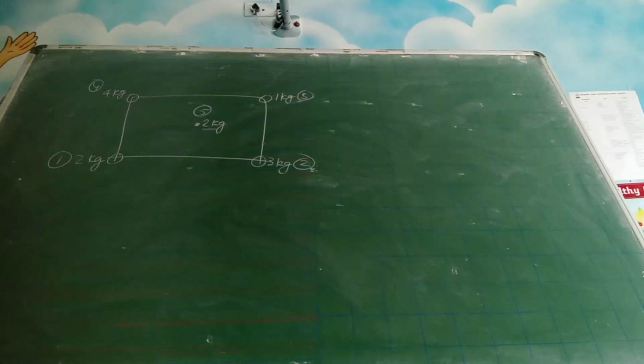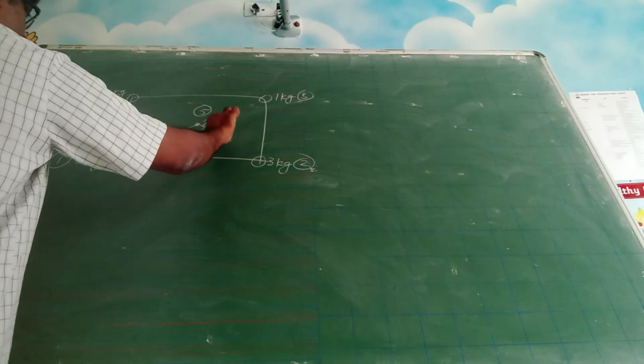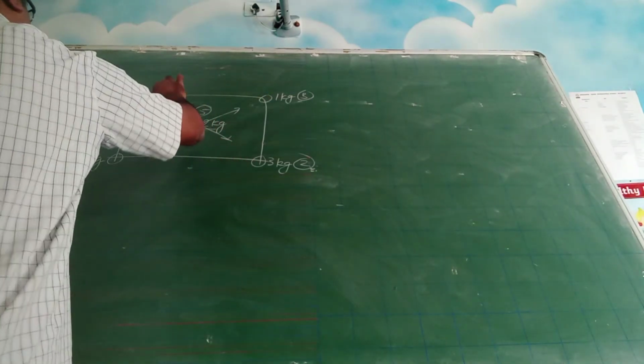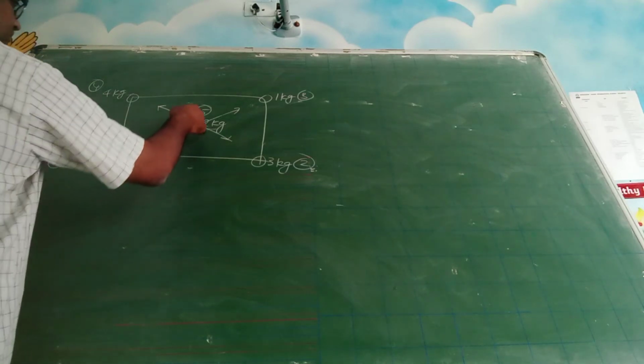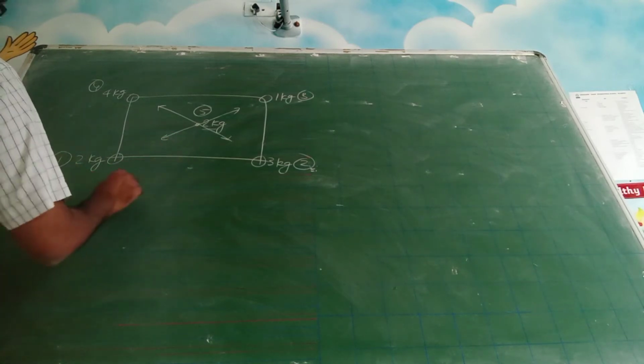So you can see here, this will be experiencing a gravitational force in this direction, gravitational force in this direction, gravitational force in this direction, and gravitational force in this direction. So basically you will end up with 4 values, and you have to find the resultant of that. So let us do that. So let us say I am finding F51.